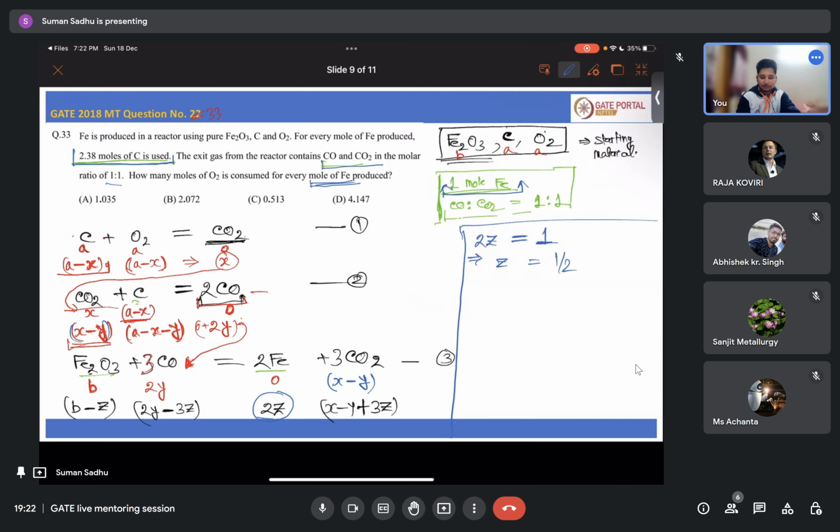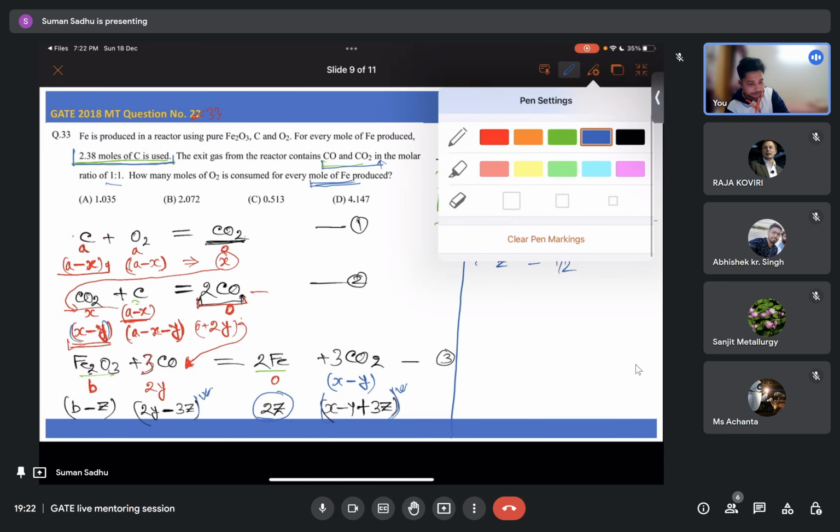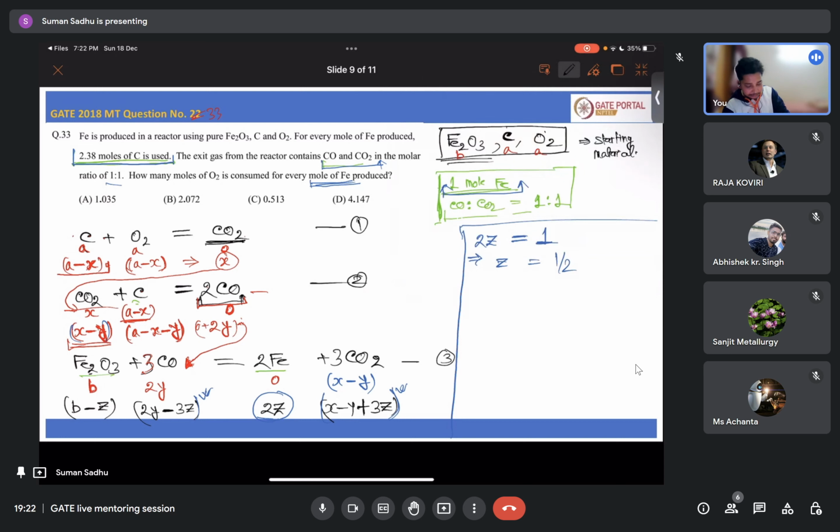Understood up to this? Yes, sir. Okay, so now another thing is the CO to CO2 ratio. So what is the final amount of CO and final amount of CO2? This is the final amount of CO, that is the unreacted part of CO, and this is the final amount of your CO2 that is formed. So that ratio is 1 is to 1. So what will be the second equation then? 2Y minus 3Z will be equal to this.